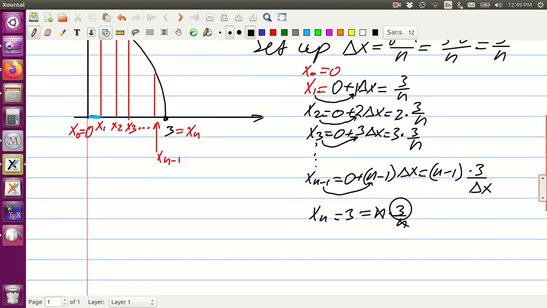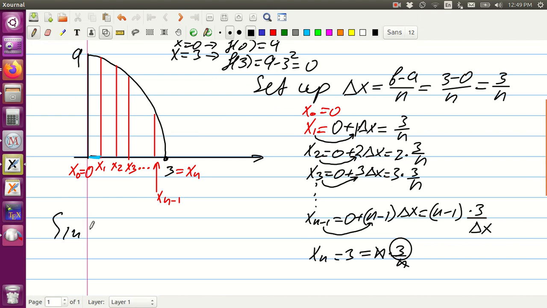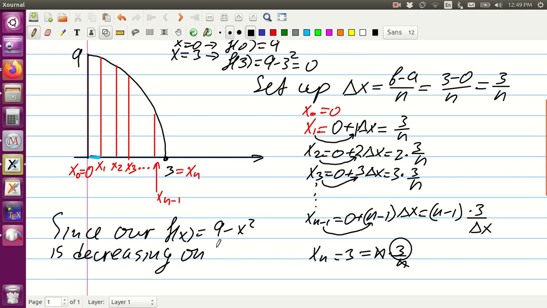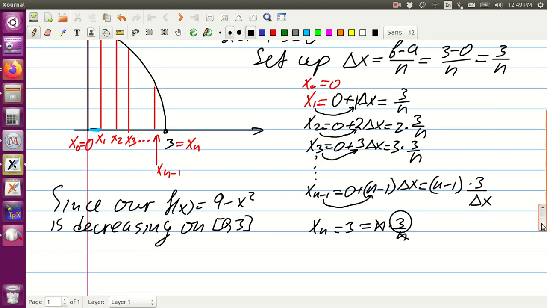So what can we say about our function, which is 9 minus x squared? It is decreasing on the whole interval 0 to 3.